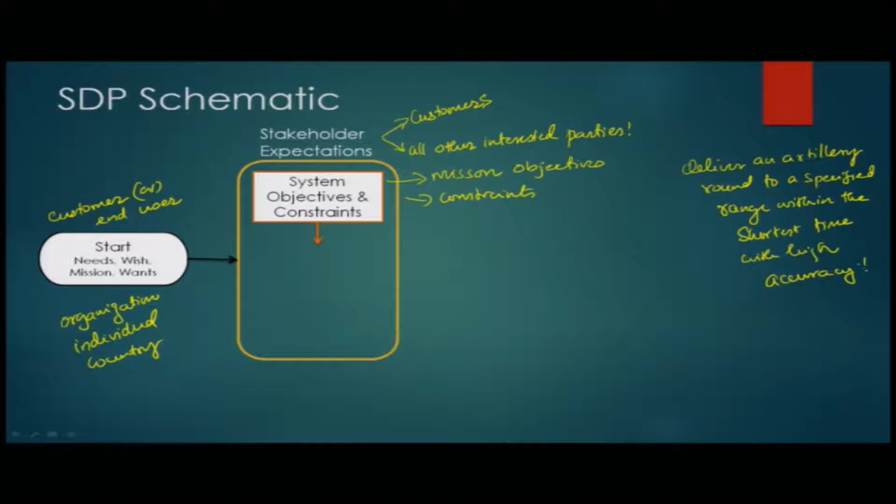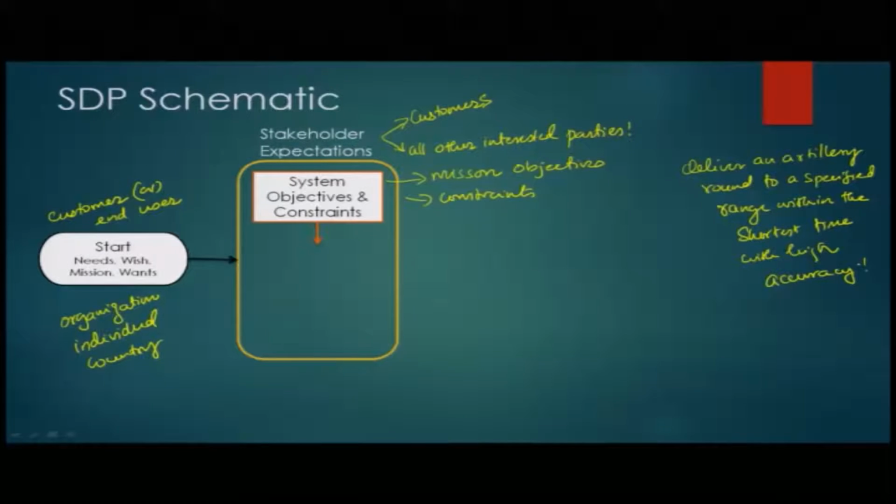If we say something like this, this could be the objective of the artillery round that we are trying to define. So, the mission objectives and constraints to a large extent come from the needs, wishes and missions which are specified by the customer to begin with.